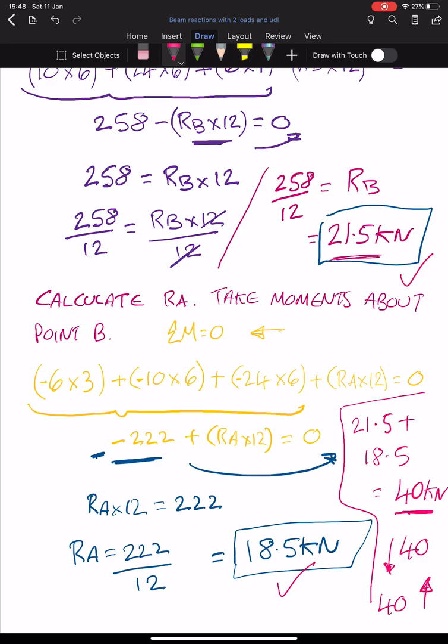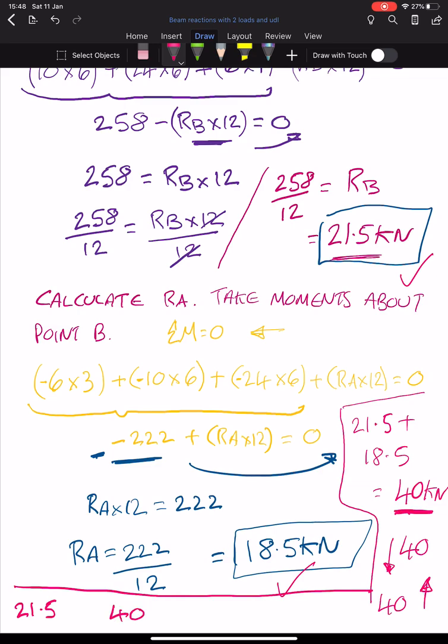That's one way of doing it. What you could have done is this. Once you've worked out RB, so once you know that RB is 21.5, you could have added up all the forces coming down, 40 coming down.